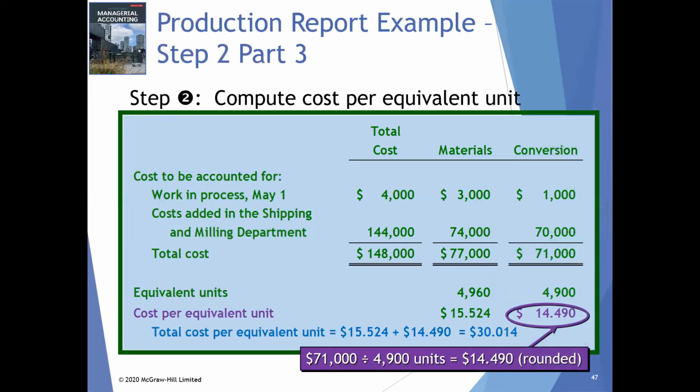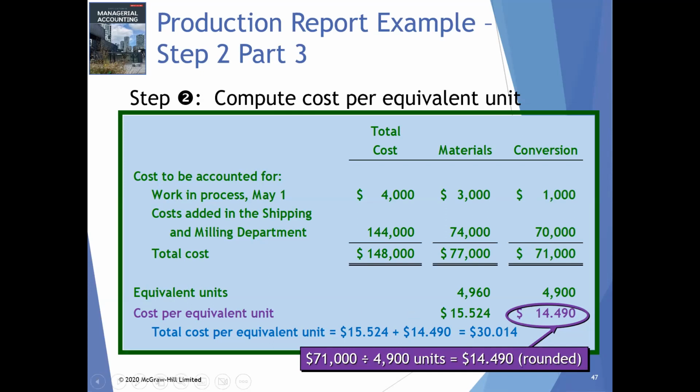Next, 71,000 divided by 4,900 is 14.49, which we have done here. Now, if we add these two, that will be the total cost per equivalent unit.